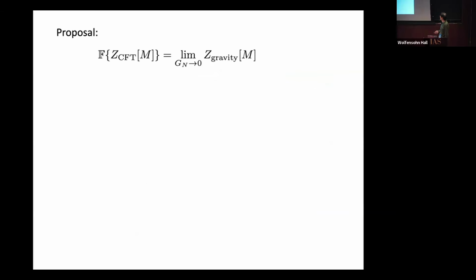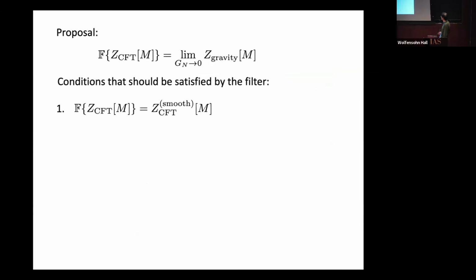And so we should also list conditions which should be satisfied by this filter. For example, when you act on the CFT partition function, you should get rid of the erratic part and only keep the smooth part. And also, if you act twice, if this is already smooth, of course, you should not filter anything.